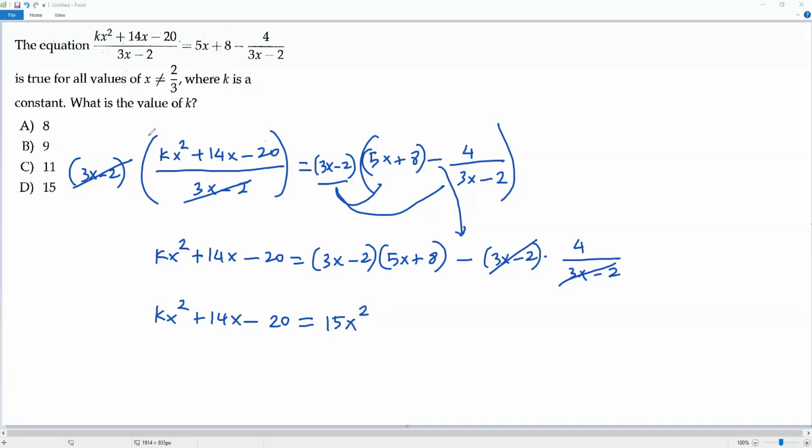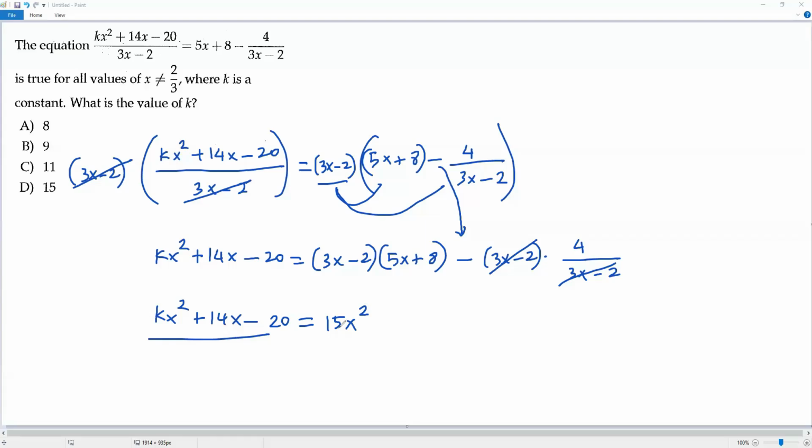Let me check whether there is any chance to get an x² term again. When I distribute 3x to 8, it is 24x, so I don't get x². Even when I distribute negative 2 to 5x or negative 2 to 8, I don't get any x² term. So the only x² term on the right side is 15x², and the other terms are x terms and constants.